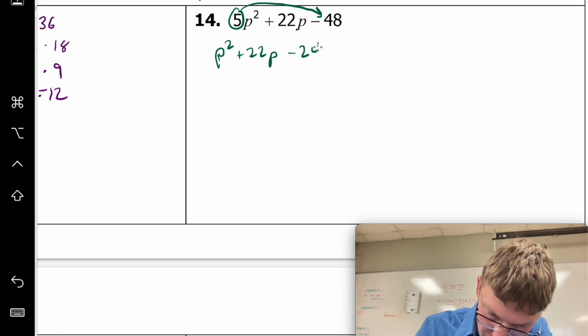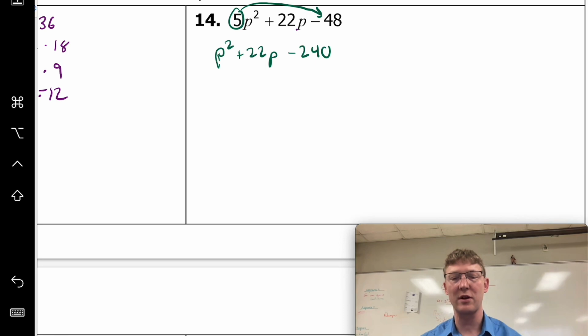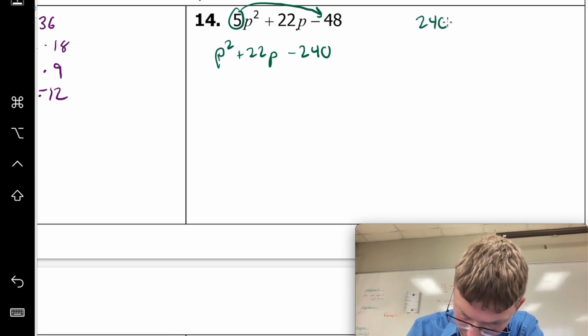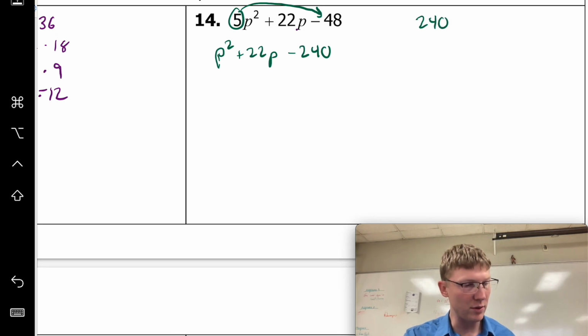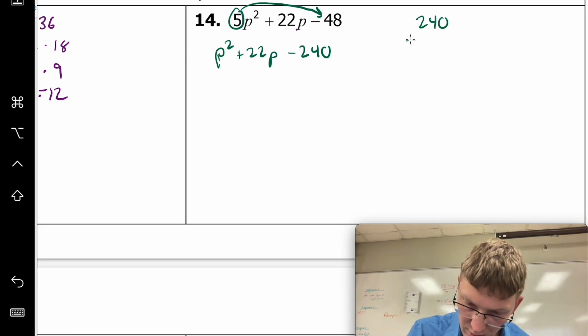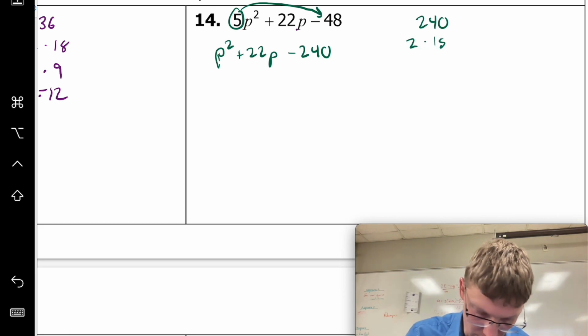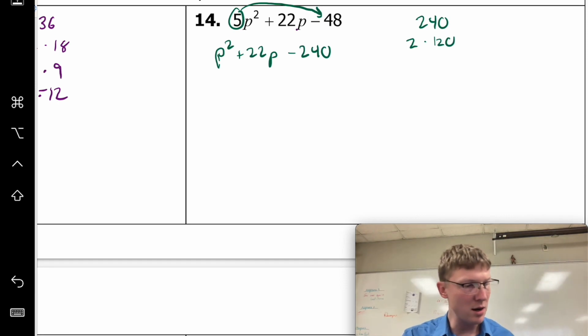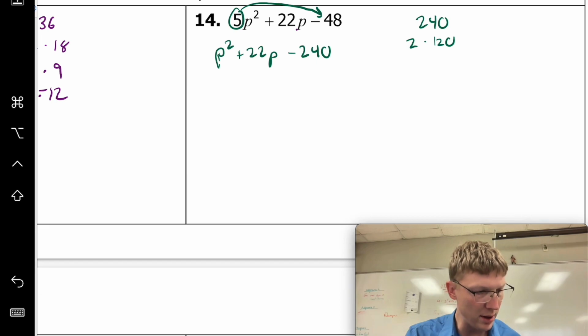minus 240. So now I'm looking for multiples that are going to subtract together to give me 22. I have no idea where we're going with this one. So 240 divided by 2 can be 2 times 120. Not anywhere close, so I'm just going to skip to 5.